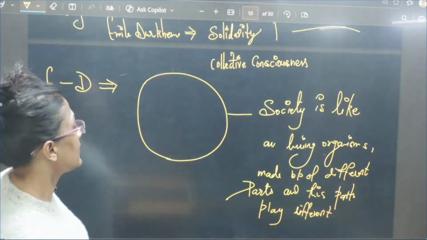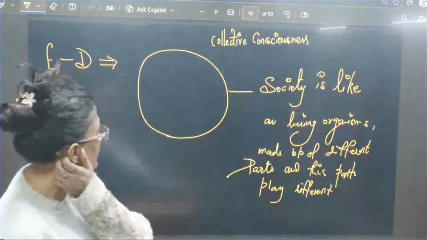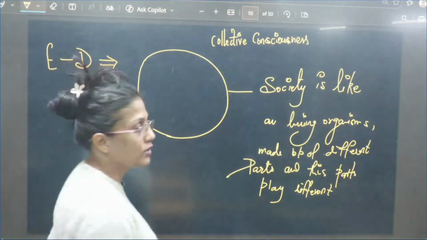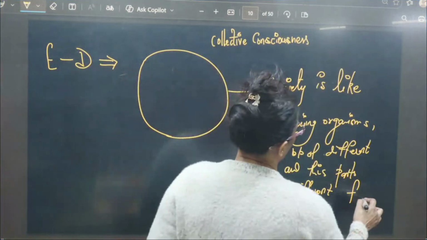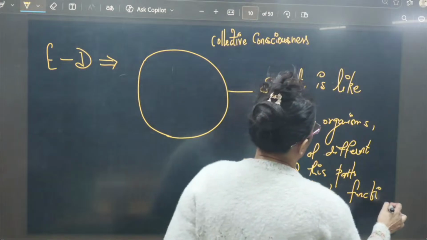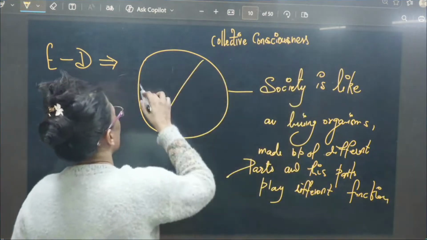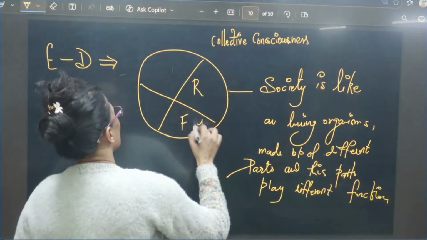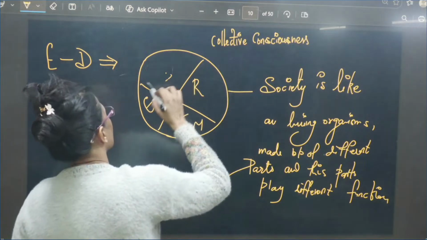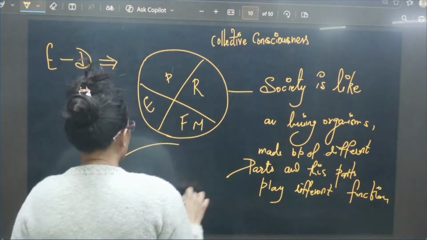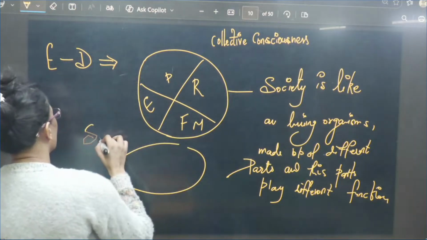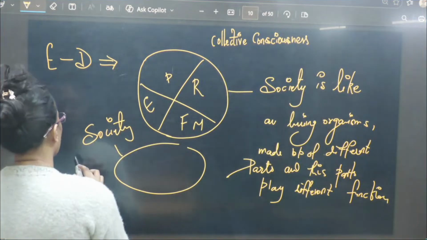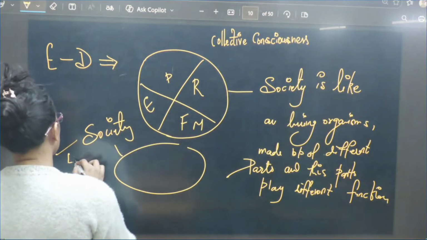Society is like a living organism made up of different parts, and these parts play different functions for society. So religion is a part, family, marriage, economy, polity. It is saying that society always works together for the benefit of the whole. It is talking about togetherness.